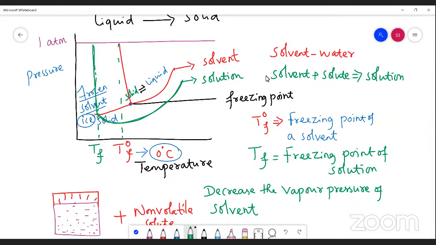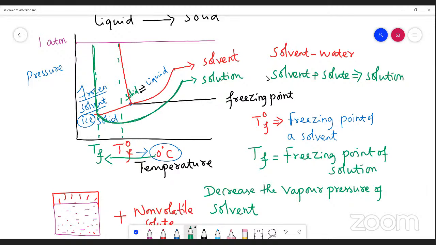For that solution also we are getting a temperature, but the temperature is less than 0 degree, because the temperature is going on decreasing. So below 0 degree Celsius only, the solution is going to freeze. So the freezing point of a solution is going on decreasing.